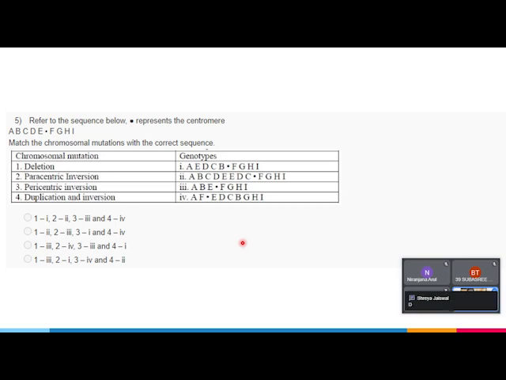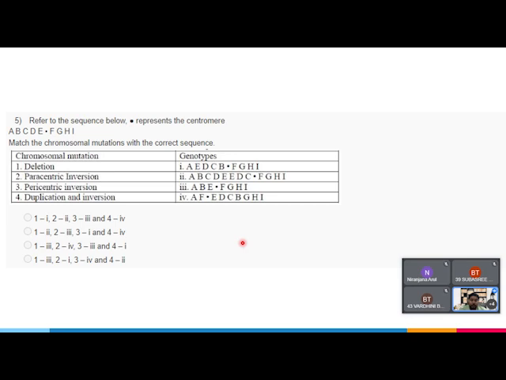Shreya says also that this is option D. Okay. Okay.